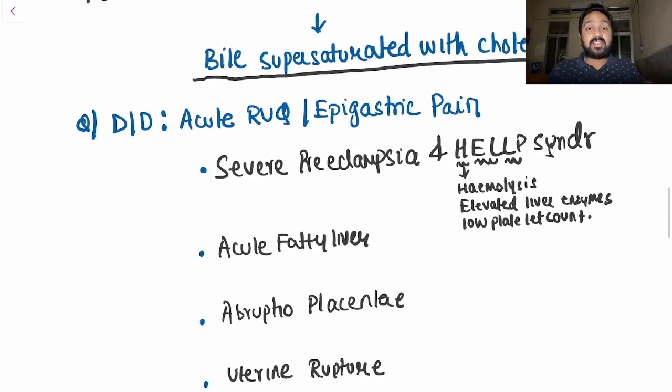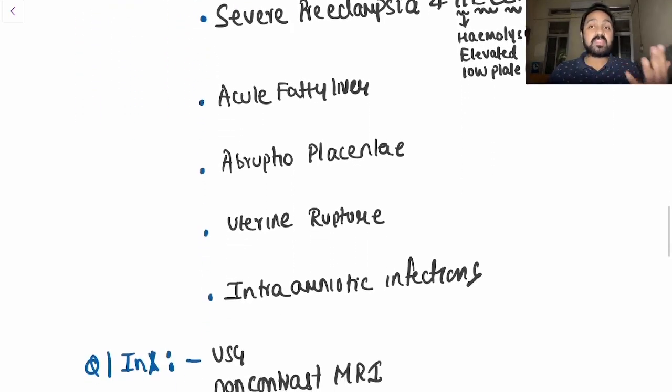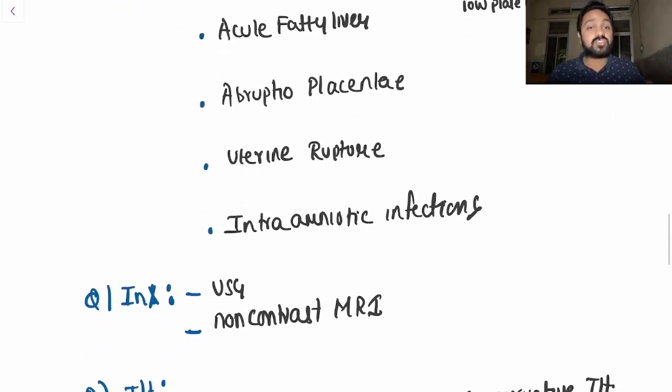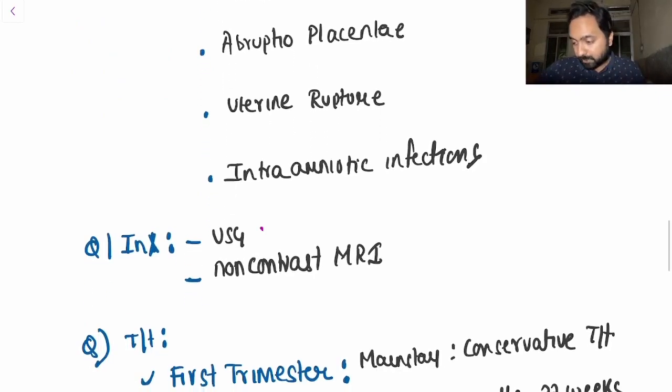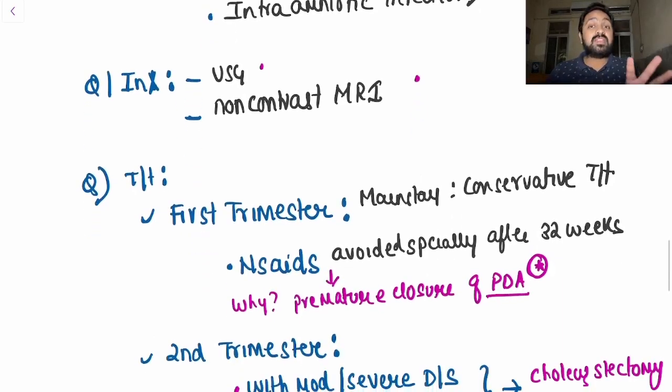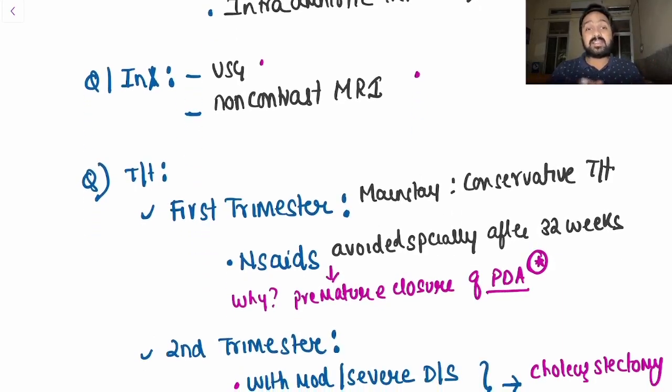Then the differential diagnosis includes severe preeclampsia and HELP syndrome, acute fatty liver, abruptio placentae, uterine rupture, intra-amniotic infections, with investigations being USG and non-contrast MRI. Treatment in the first trimester is mainly conservative.